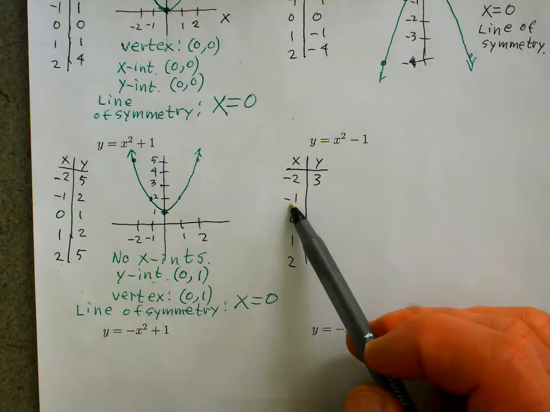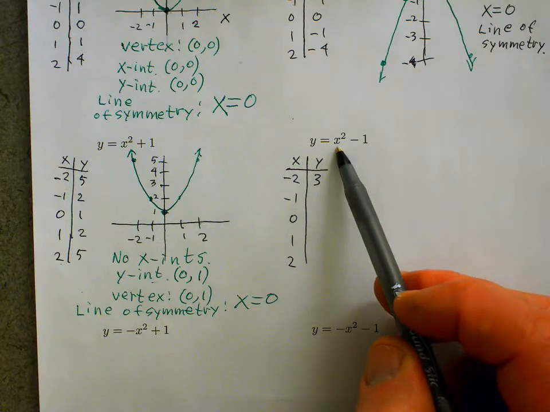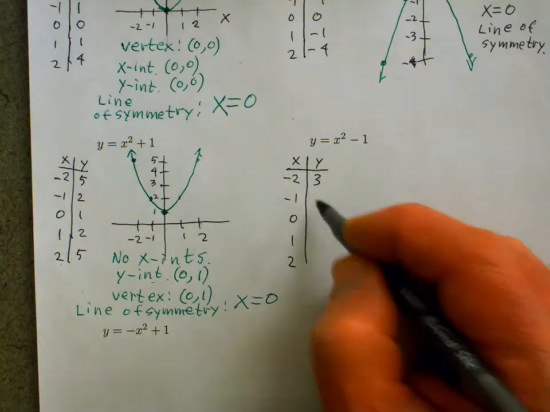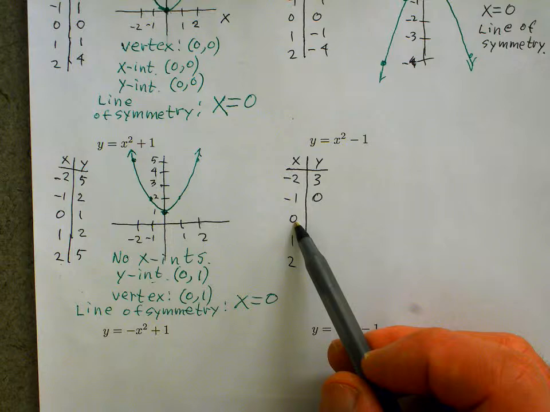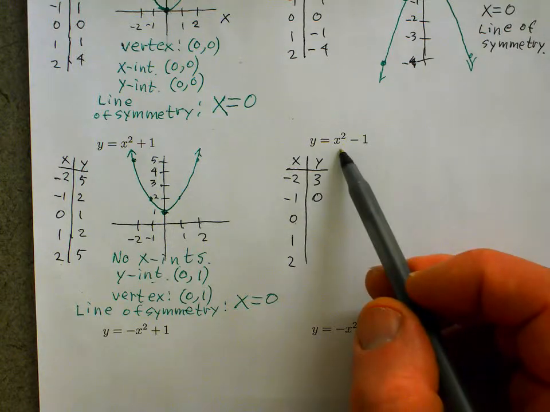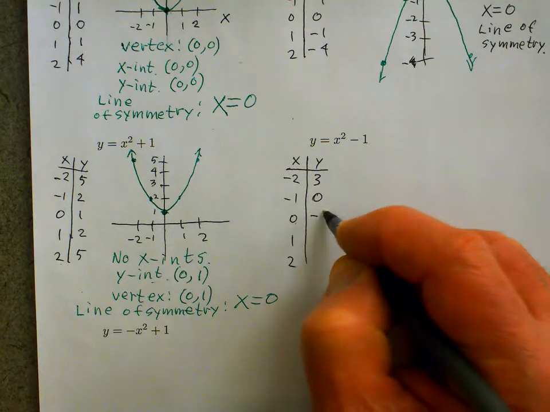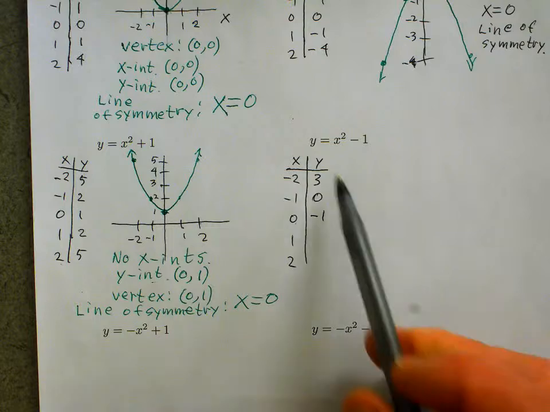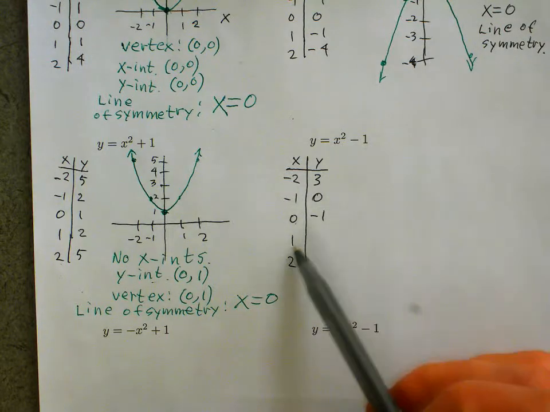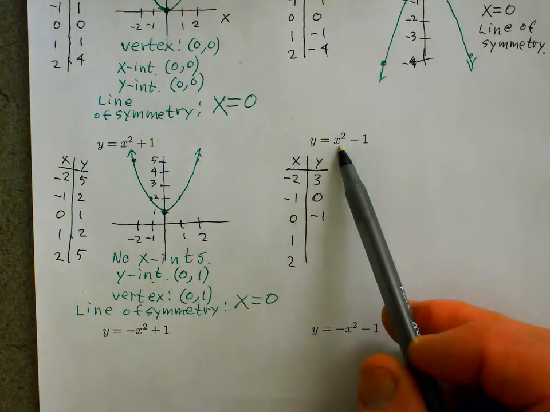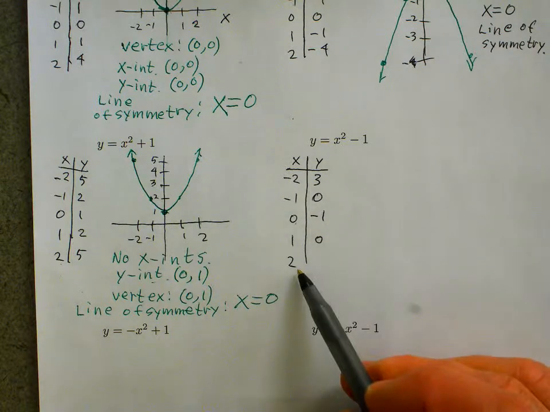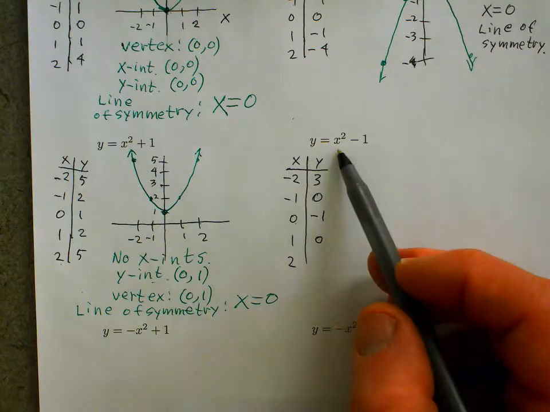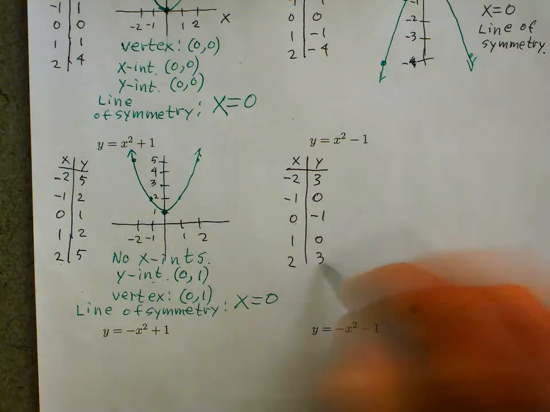When x is -1, the y coordinate is -1 squared minus 1, which is 0. 1 minus 1 is 0. When x is 0, 0 squared minus 1 is -1. When x is 1, the y coordinate is 1 squared minus 1, which is 0. And when x is 2, the y coordinate, 2 squared minus 1, is 3.